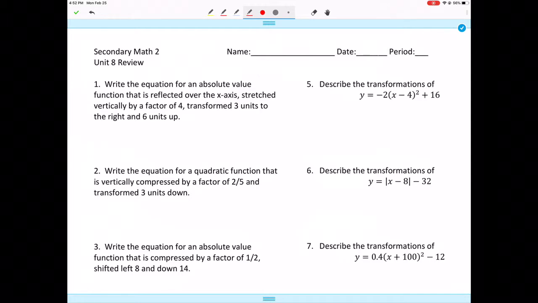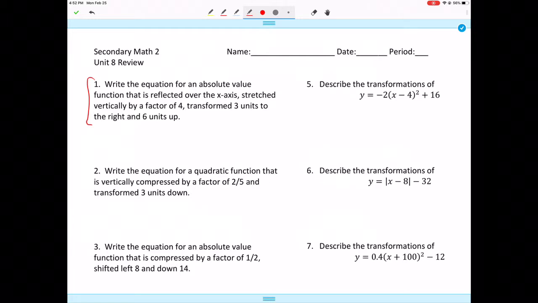If you don't know how to graph absolute value functions, just search Google for absolute value functions. You should be able to do that pretty easily. I really like the website Khan Academy. You can look up pretty much anything and it will give you examples and you can practice. So that's another option.